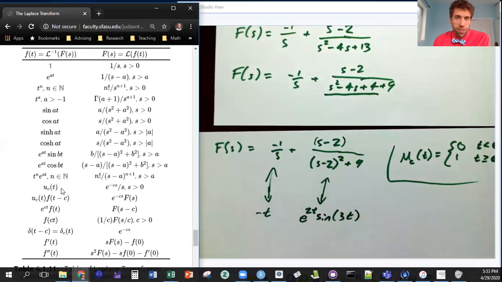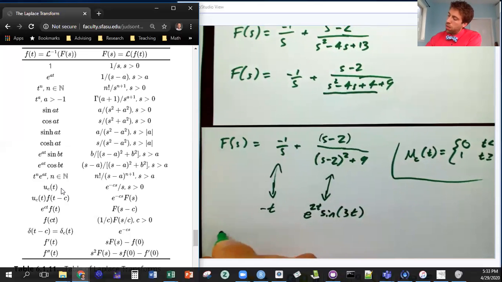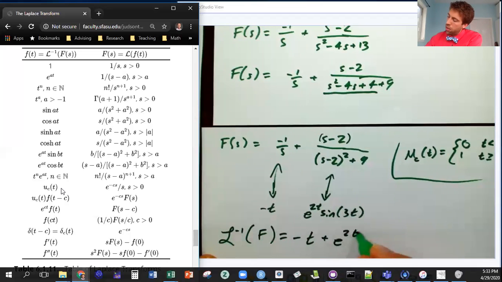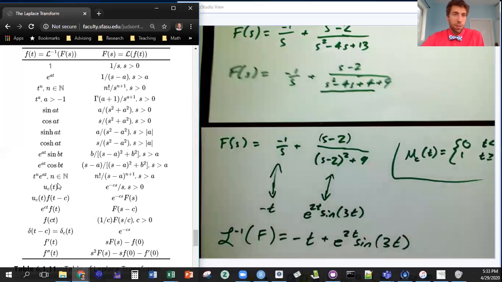Make sense? I guess I could have just split that up. Well, no, because you don't want to do that because of the s minus 2. So that means the inverse Laplace transform of F equals negative 1 plus e to the 2t cosine of 3t. All right, and that completes this activity.